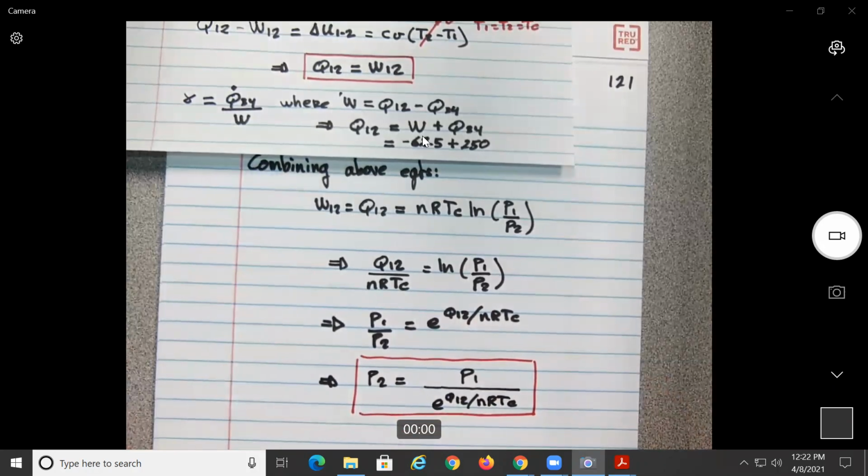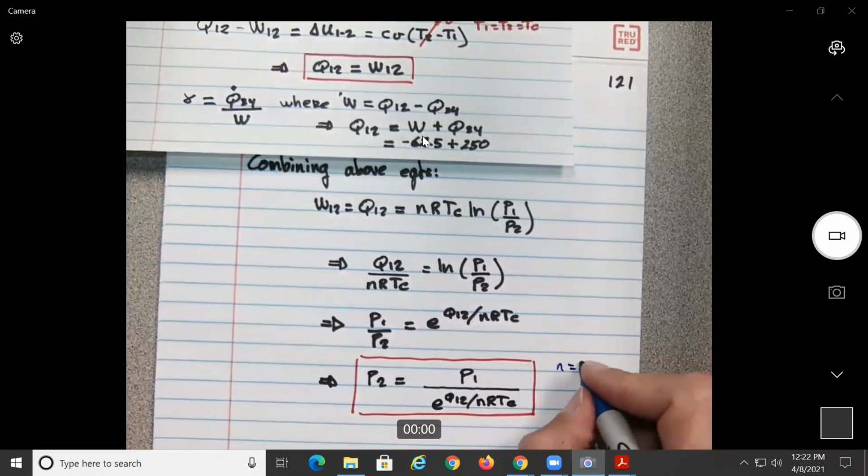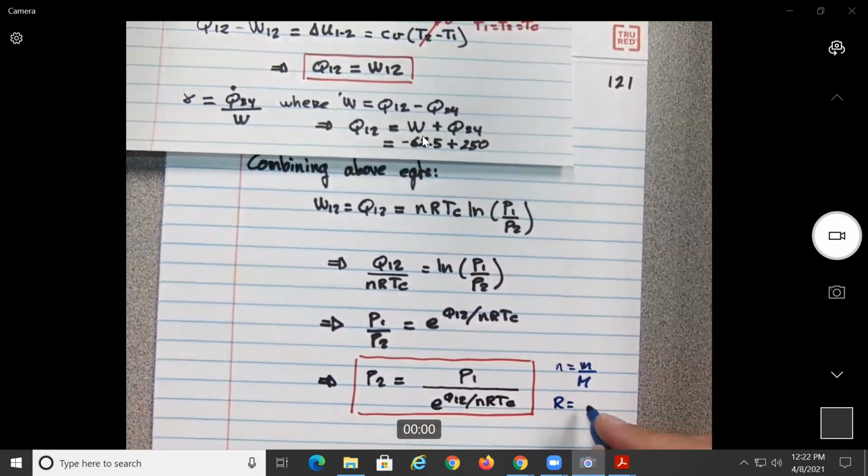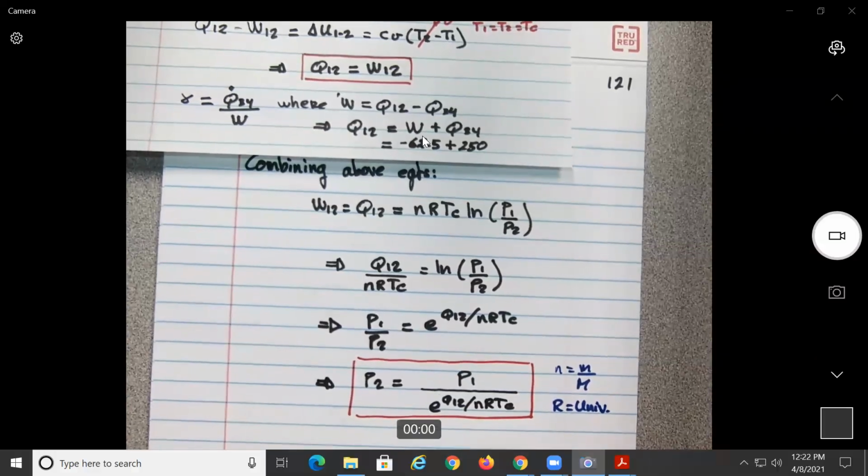And what is the letter n here? The letter n over here is the number of moles, no? So n would be mass over molar mass. This R here should be the universal gas constant. You should go and substitute over there.